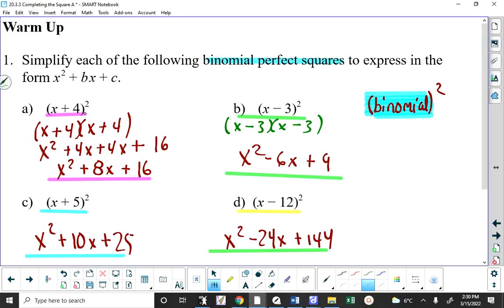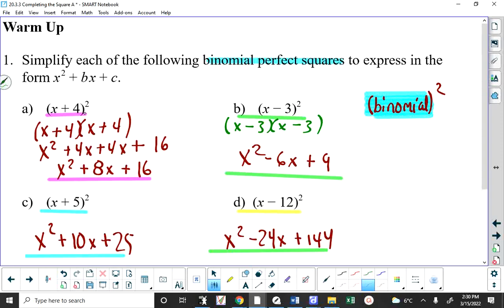And then I have negative 3 times negative 3, which is 9. So I want you to notice that the constant term is always positive. Whether the binomial has a negative in it or not, the constant term is positive. If the binomial does have a negative, then the middle term of the trinomial has a negative.